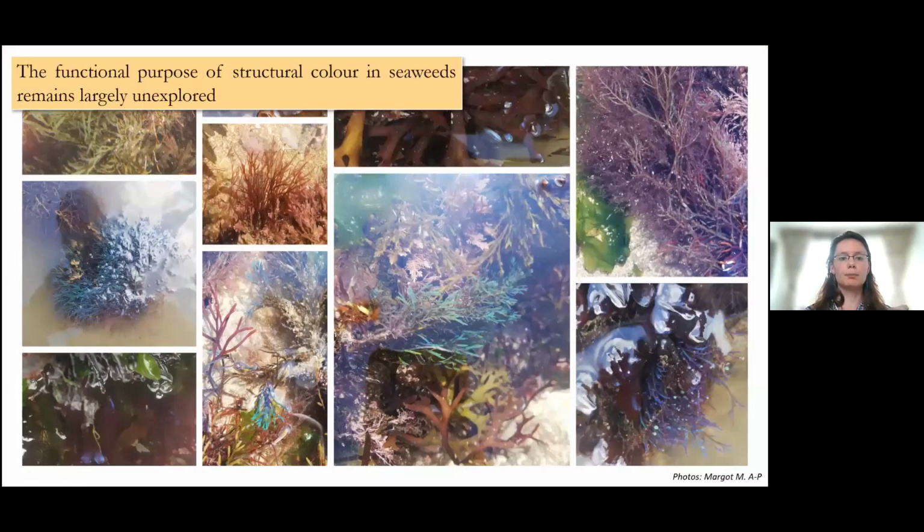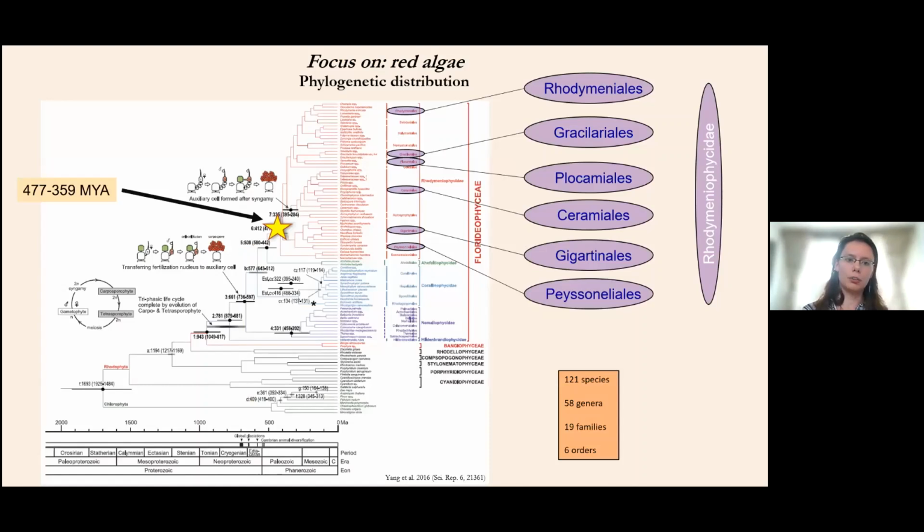So the purpose and the function of structural color in seaweeds still remain largely unexplored. And that's why we're trying to look closer into it. And for now, we're focusing on the rhodophytes, so on the red algae.